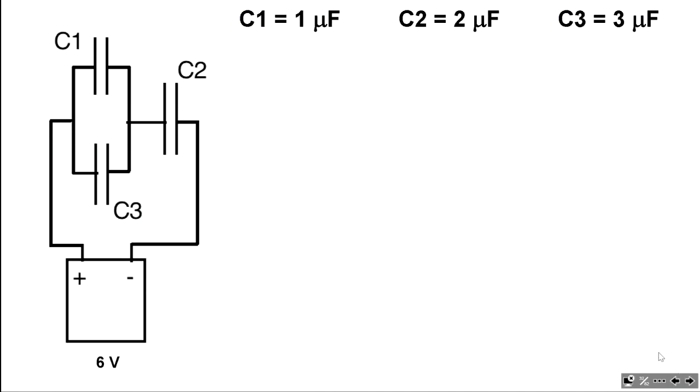We have to search for a connection which is definitely one or another. And in this situation, we know for sure, definitely, 1 and 3 are connected in parallel, which means we always can replace these two capacitors with one, which will be equivalent.